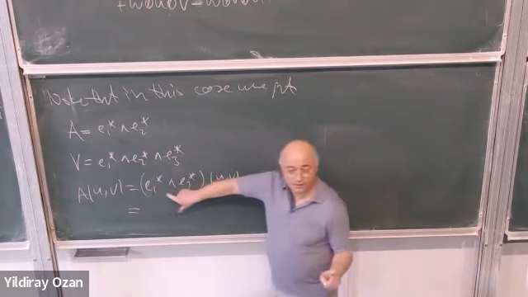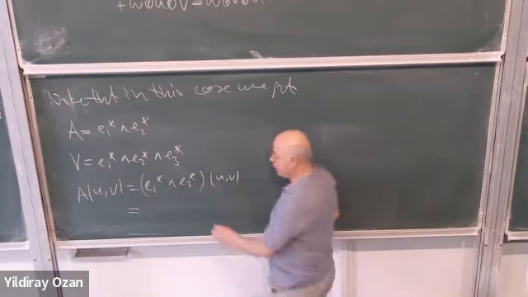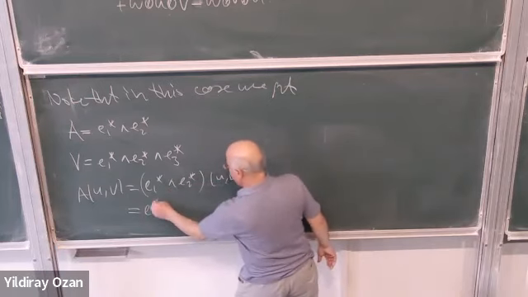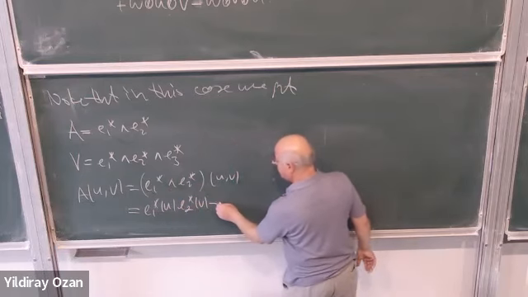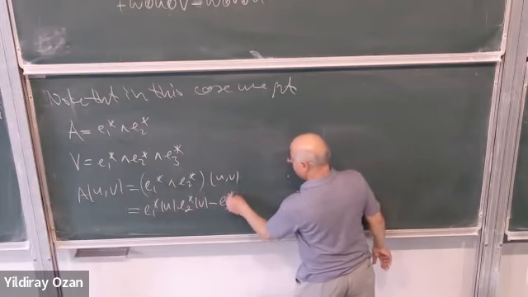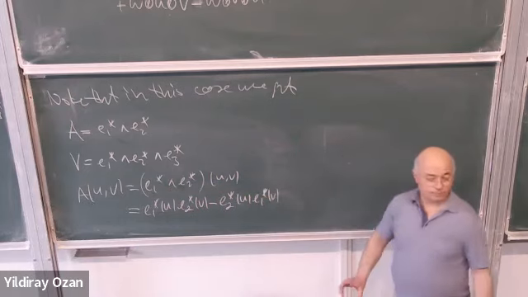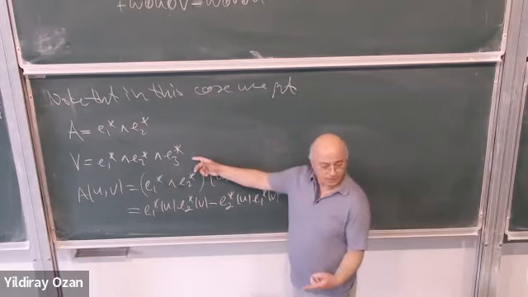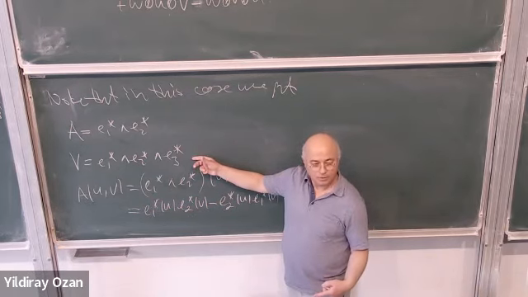This is E1 tensor E2 minus E2 tensor E1. So this is just E1 star U, E2 star V minus E2 star U, E1 star V, right? And similarly this one, but here you have 6 terms. Okay.